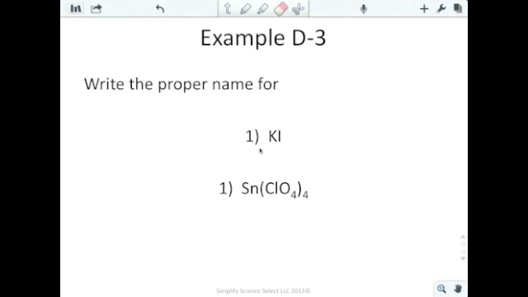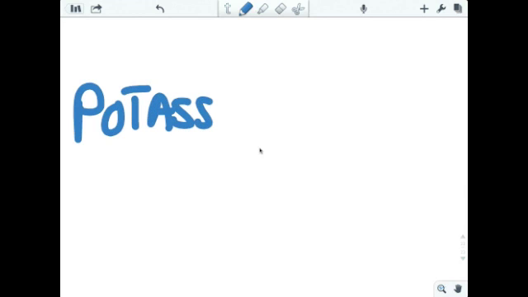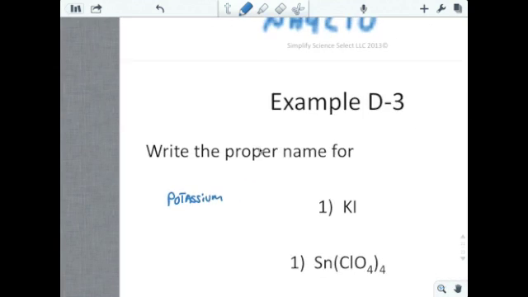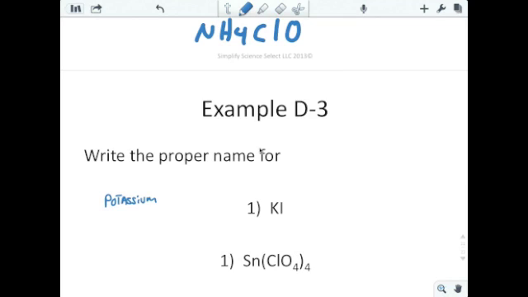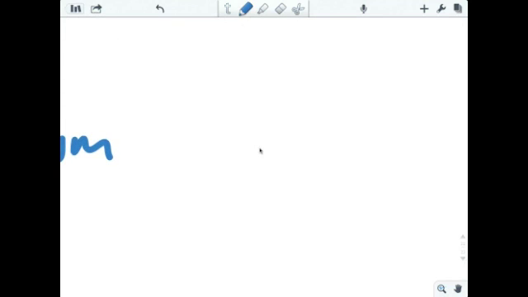Let's look at our last couple examples. It says write the proper name for KI and SnClO4. So on our first one, it's 2 elements together. The first one's potassium. So the first thing we do is we write potassium. We check, is potassium a transition metal? No, so it doesn't need a Roman numeral. So we look at the other one that we have, it's I, which we know is iodine.